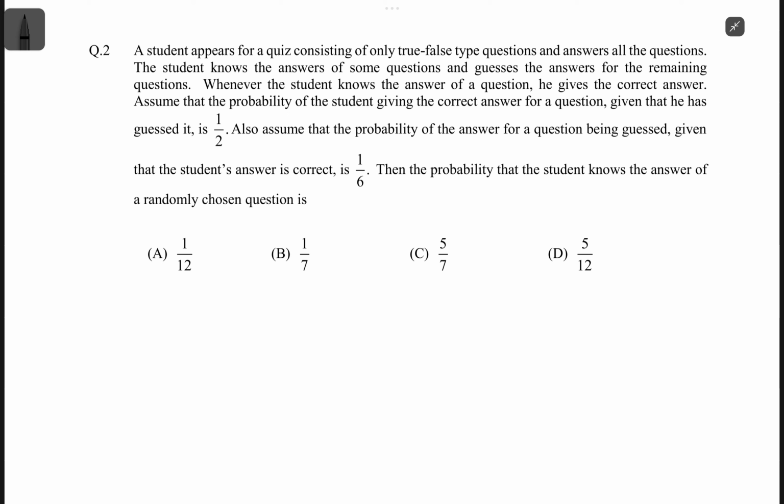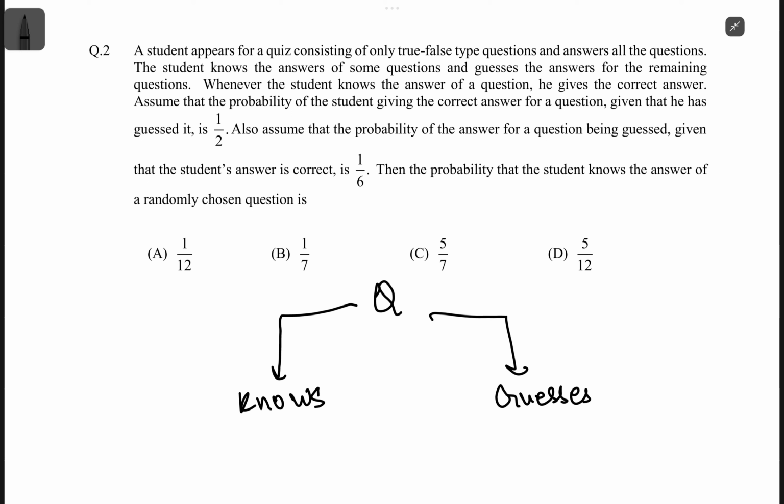Like, a student knows the answers of some question and guesses the answers. So if there's a question, then either he knows the answer or guesses, right? And whenever the student knows the answer of a question, he gives the correct answer.